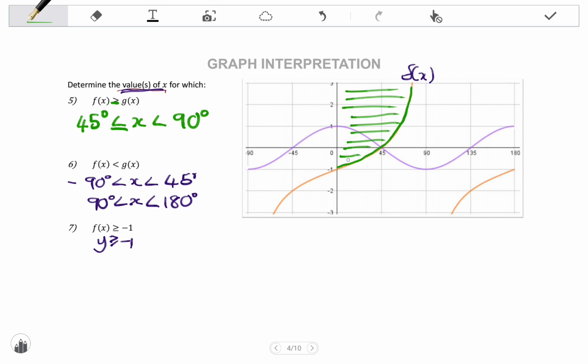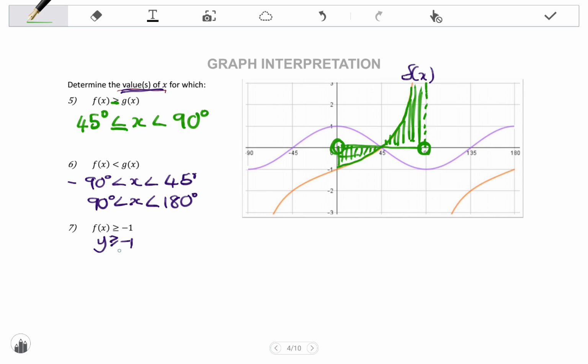So we find the part of the graph by looking at the y coordinates, but we answer in terms of the x coordinates. So to do that, we would draw vertical lines to the x-axis from that graph. Okay, remembering that at x equals 90 degrees, we have an asymptote. So our x values range from 0 degrees to 90 degrees.